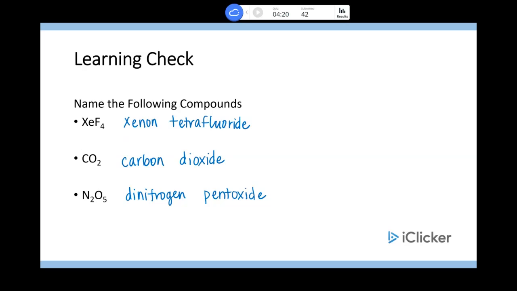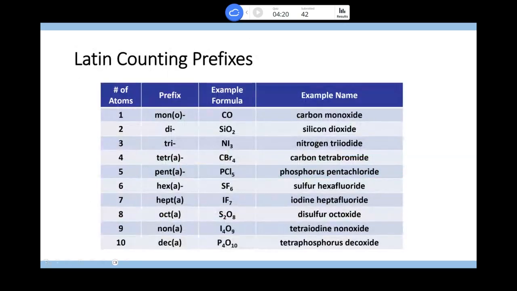How come I didn't use penta for the last one? Because there's two vowels, there's a vowel. Only thing I want to point out, you're on the right track, but here we use tetraiodine.